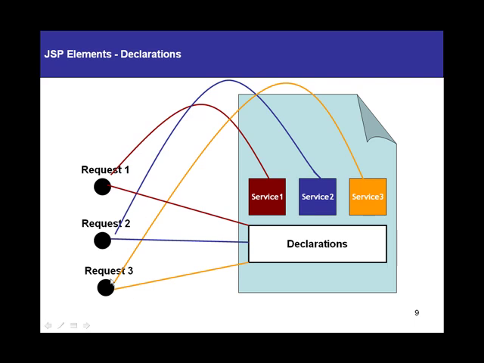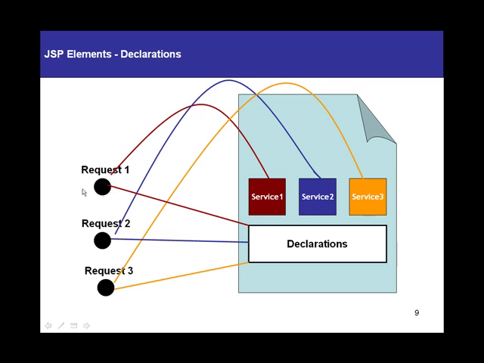I have 3 requests, okay, and let's assume that this big page is one JSP page, right? And ultimately it got converted into a servlet. So we know that since servlets are multi-threaded, for every new request a new thread is spawned, but we have the same servlet object, right?